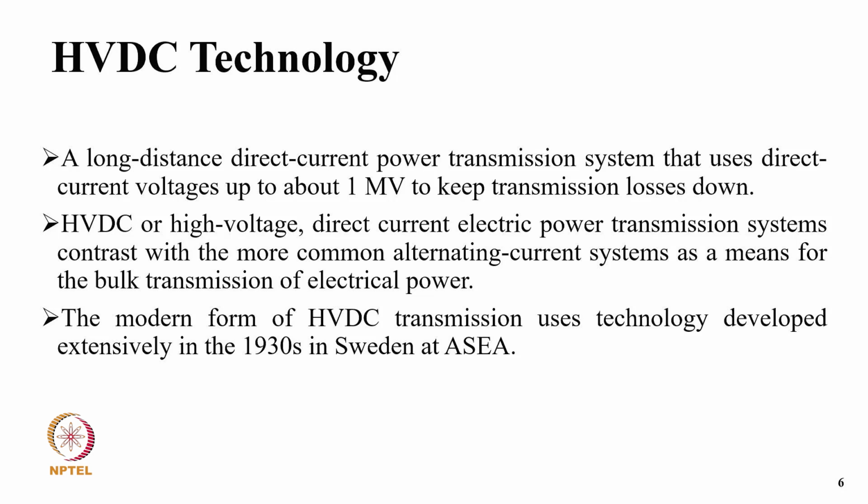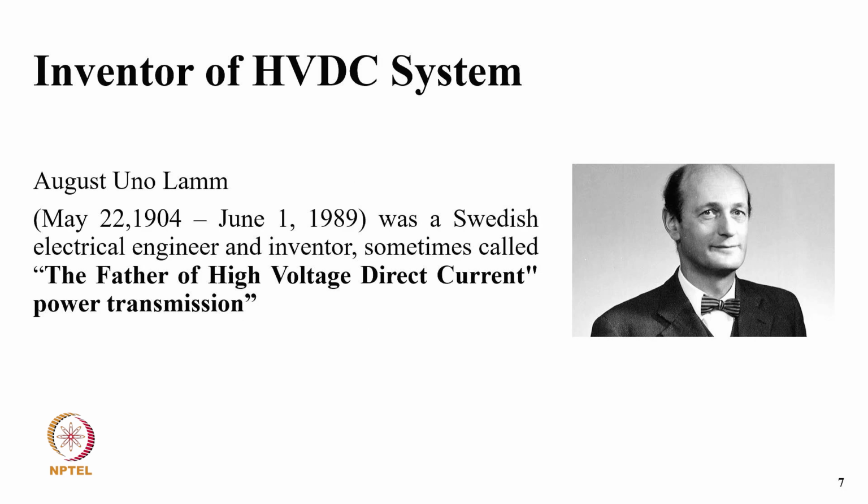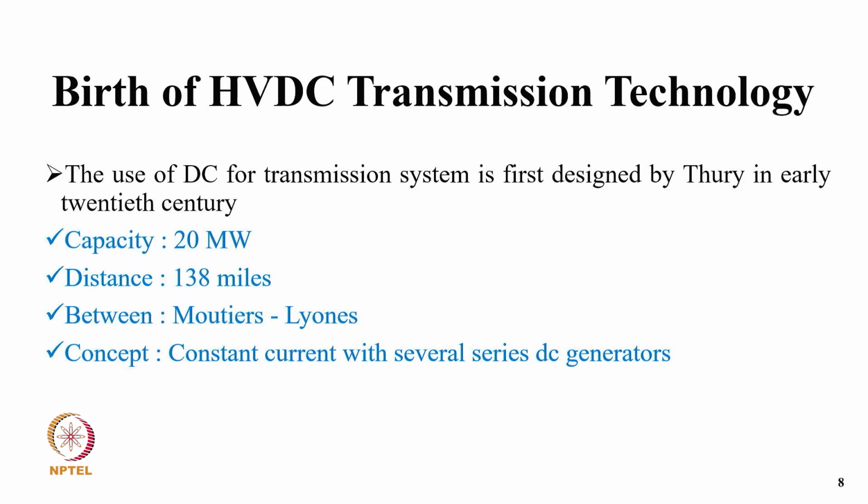The modern form of high voltage DC transmission uses a technology developed extensively in the 1930s in Sweden by ASEA. The inventor of the HVDC system was Uno Lamm, who lived from May 22, 1904 to June 1st, 1989, was a Swedish electrical engineer and inventor, sometimes called the father of high voltage direct current power transmission.